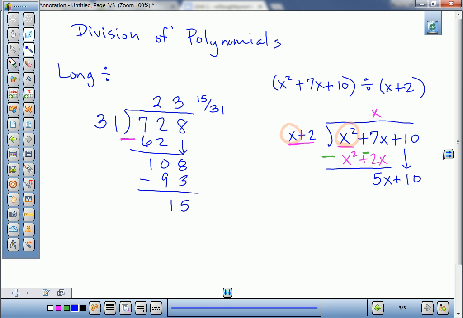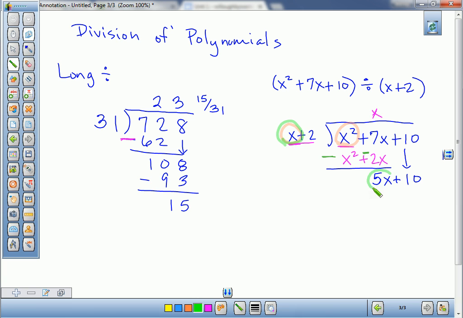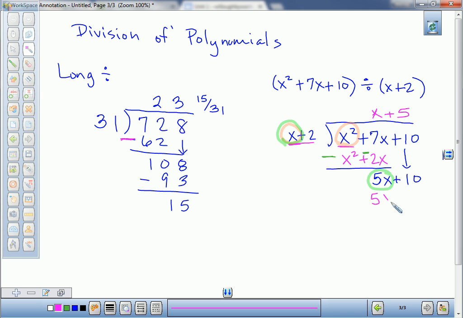Okay, so now, same process, starts over. What do I multiply this by now to get this? Just like we did over here. Very good. Okay, so we multiply it by a positive 5. So 5 times x is 5x, and 5 times 2 is 10.